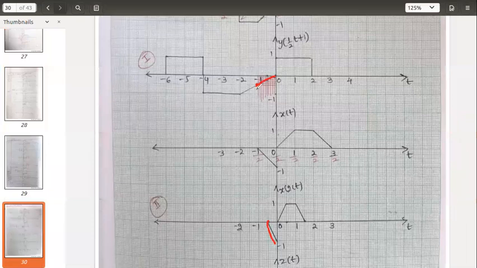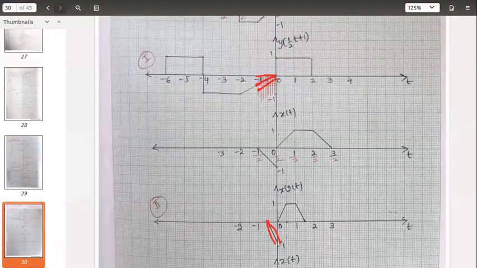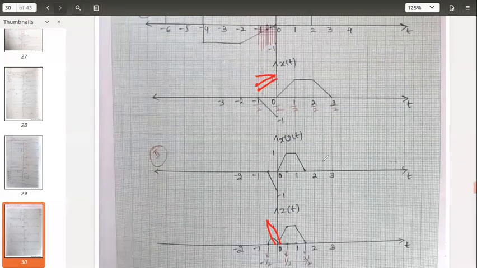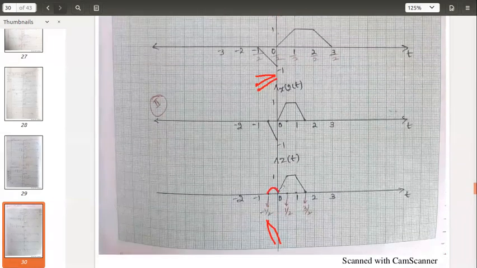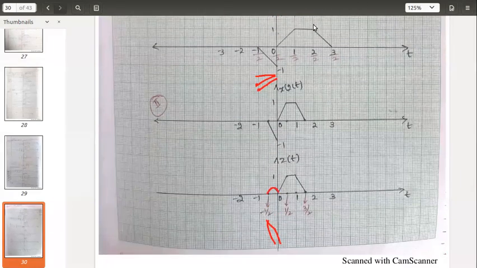Here it is decreasing from some maximum value to 0. Here from 0 it will touch -1. So similarly, if you just go on multiplying the values, taking the points, you will get a curve like this. This is how we multiply these two signals.